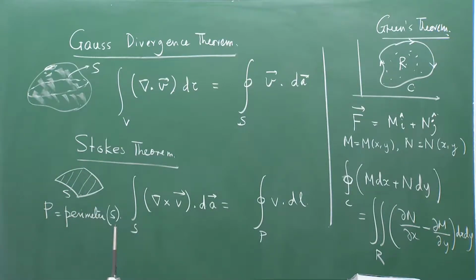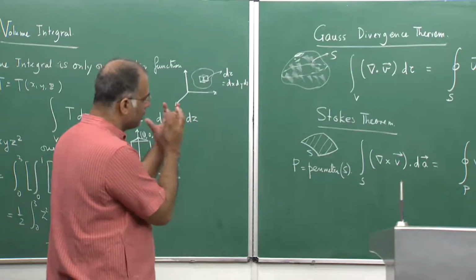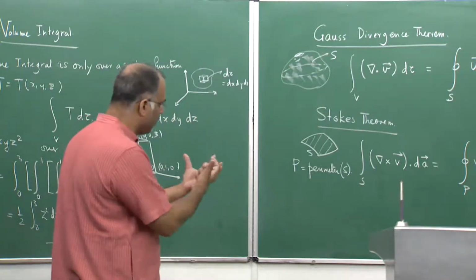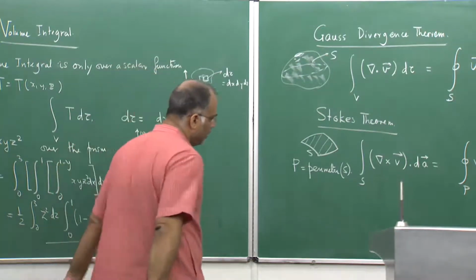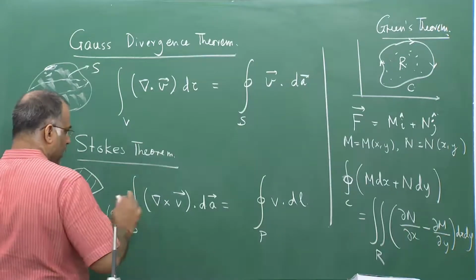I cannot talk about a closed surface, then it will be difficult. So, of course, you can then define a perimeter or circumference sort of thing. If you have a sphere, you take the circumference. So, if you have a surface area basically.